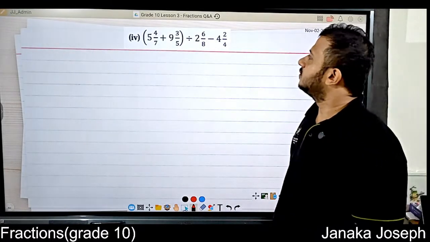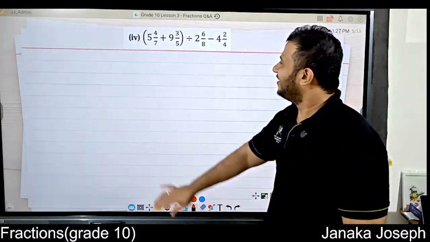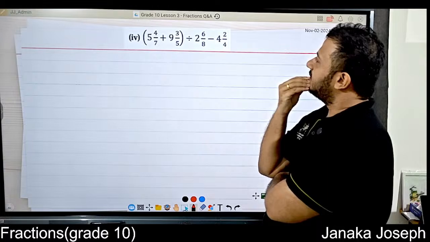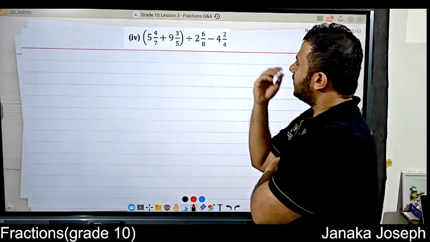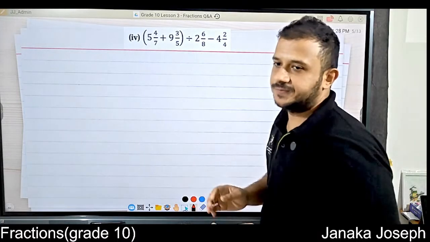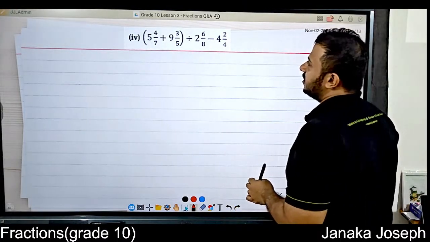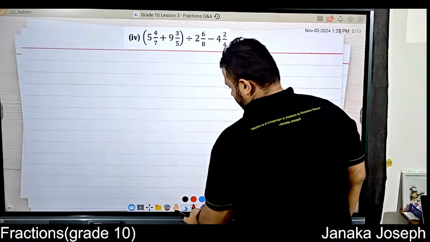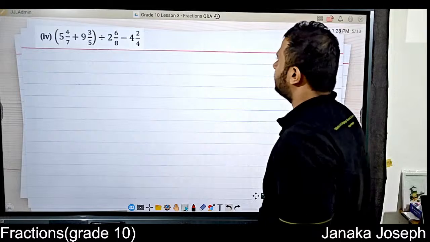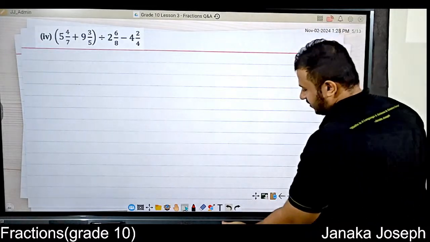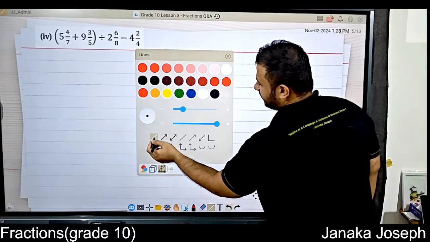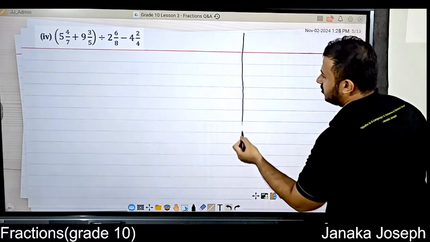Very interesting, isn't it? We have to do the addition here first, and then we will do the division and then the subtraction, isn't it? Let's first make everybody into improper fractions. Let me tell this guy to go to this corner here. Looks nice then, because I can do all my rough work here. It's always nice if you do rough work in a corner of your book.